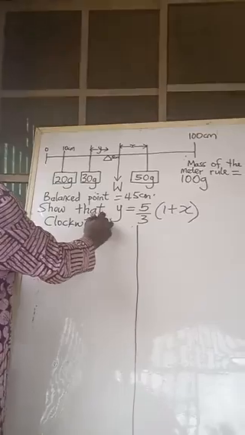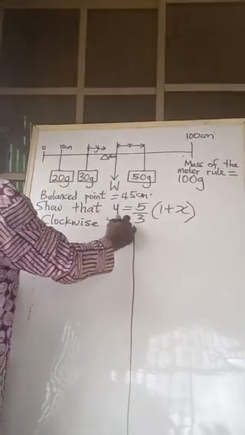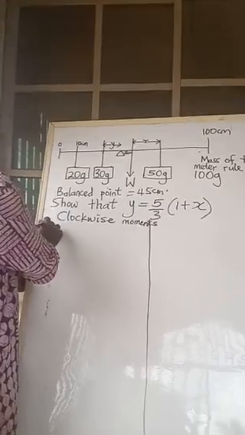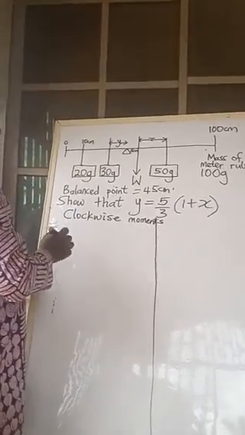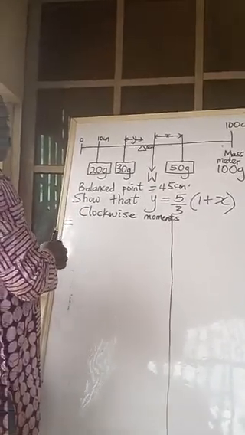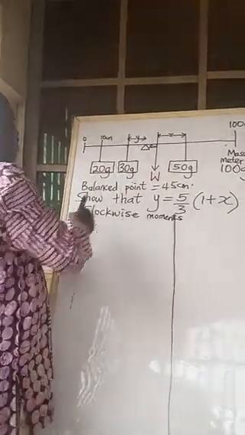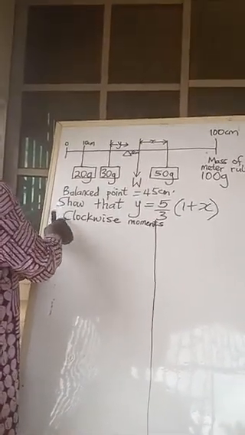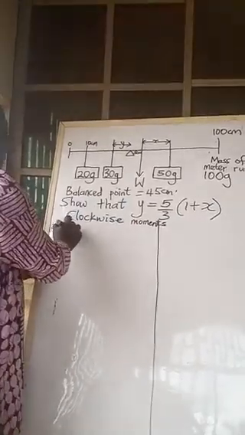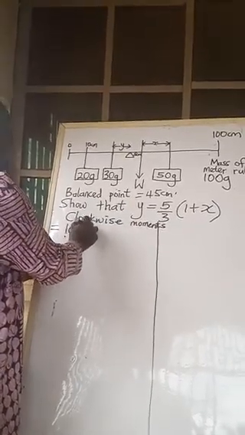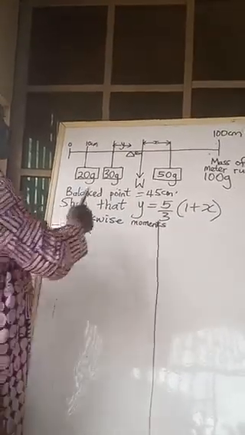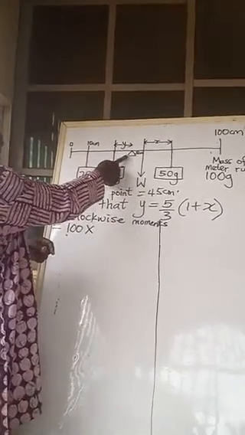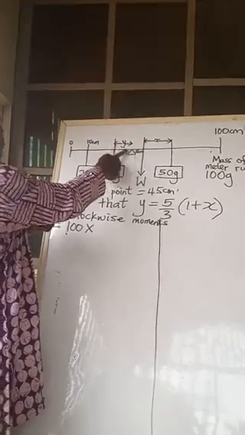Clockwise moments. Don't forget, mathematically, moment is equal to the product of force and the perpendicular distance moved. Now let's start with this weight here. The weight here, we know the value to be 100 grams. So 100 grams times the distance of this weight to the pivot, and that distance is just 5.